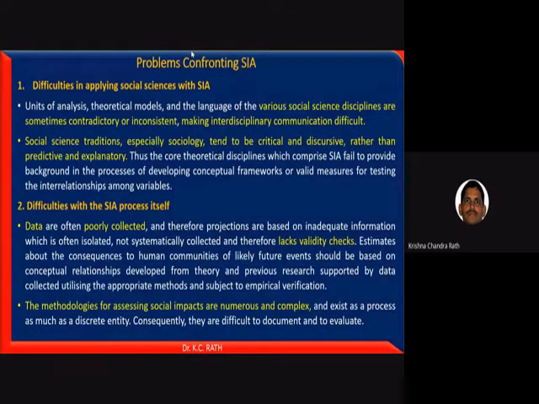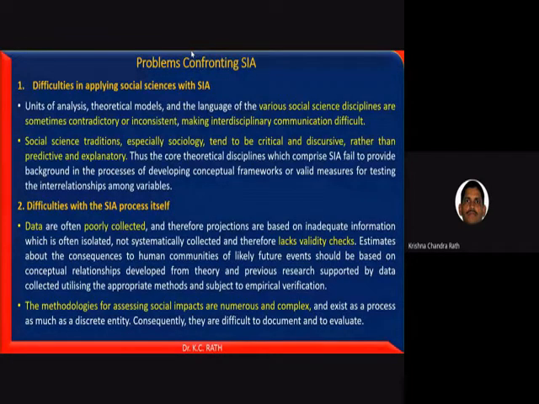There are some problems, like difficulties in applying social science in SIA and difficulties with the SIA process itself. As you know already, when you compare basic science and social science, we are always in a disadvantageous position in research, because they are confined to the laboratory.